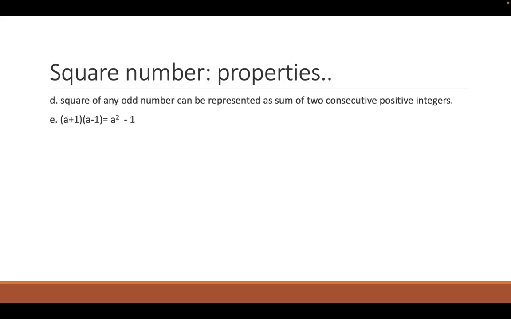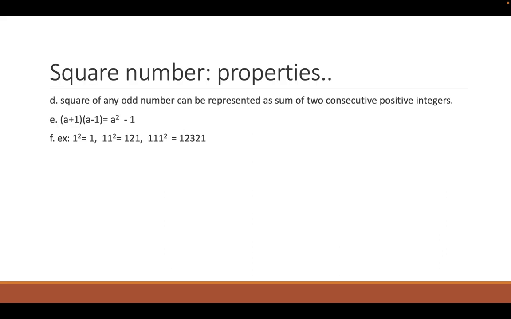This is also called an expression or equation: (a plus 1) multiplied by (a minus 1) equals a square minus 1. And then we have some examples of interesting patterns. These are just patterns, guys. That means how 1 square is represented, how 11 square is represented.